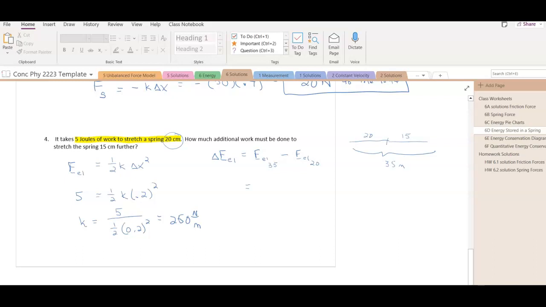So the energy stored at 35 centimeters is half of the K, 250, times the 0.35 squared, right? That's the displacement squared, minus the energy stored at 20 centimeters, which was 5 joules, right? They've already calculated that for me. And so that's 45 minus 5. So the additional energy, or the work that would have to be done, would be 40 joules of work.